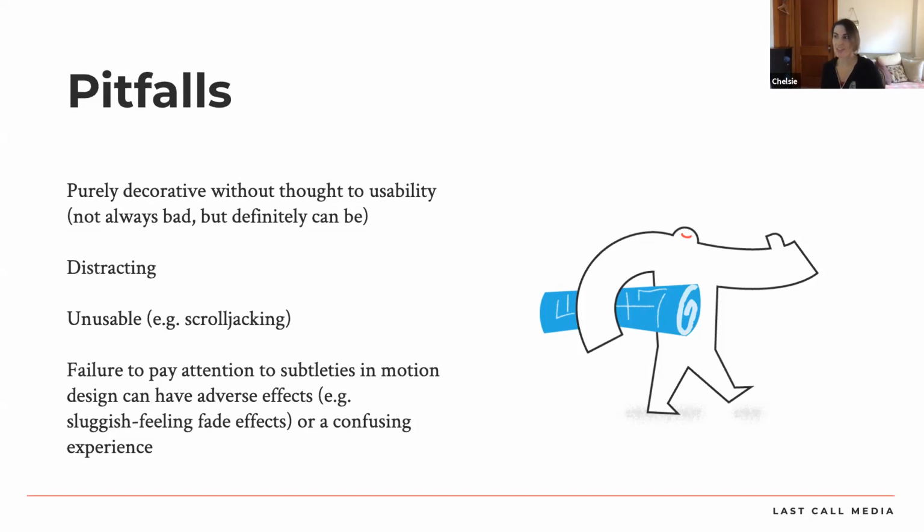The third one on here is my big pet peeve, which is scroll jacking. I think this renders a lot of pages unusable. If you're not familiar with this term, scroll jacking is when there's a script that, instead of you scrolling the mouse or whatever you're using to go down on the page, something intercepts that and then forces you to scroll down a different amount or scrolls down for you.